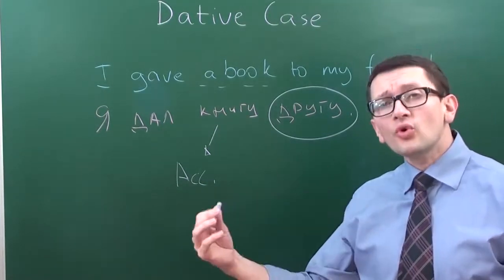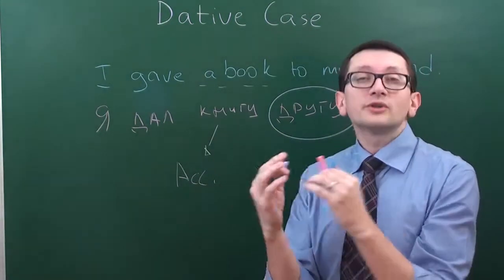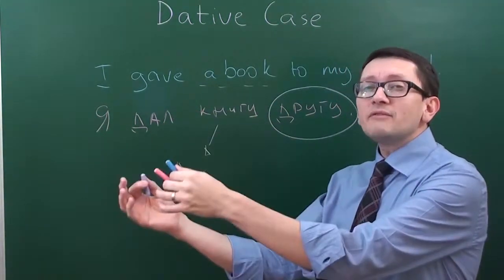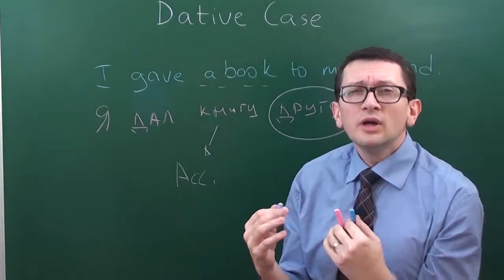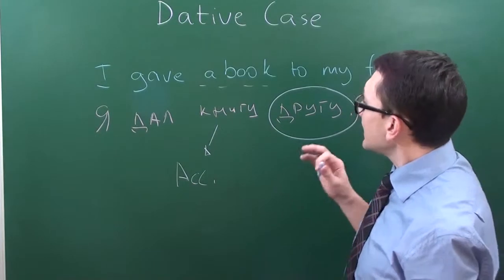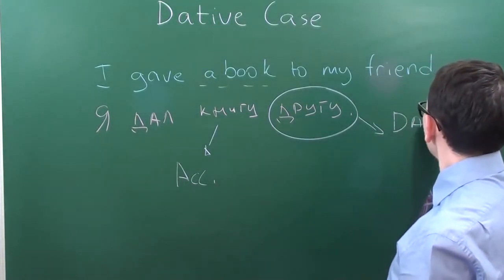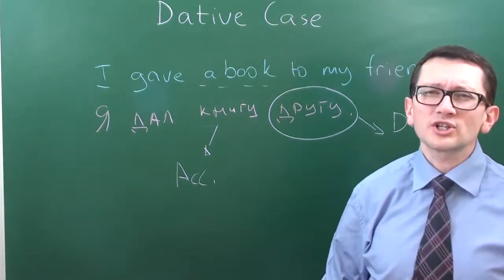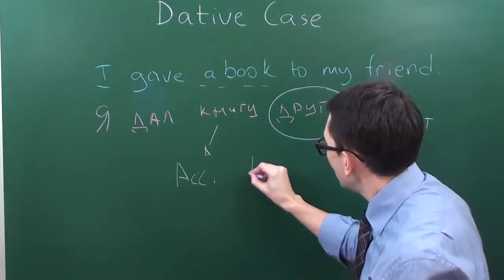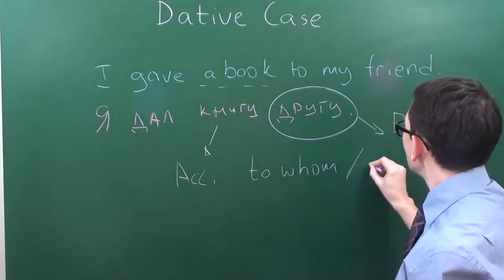Другу. Я дал книгу кому? Другу. I gave a book to whom? To my friend. So, in other words, the dative in this case answers the questions to whom or to what.